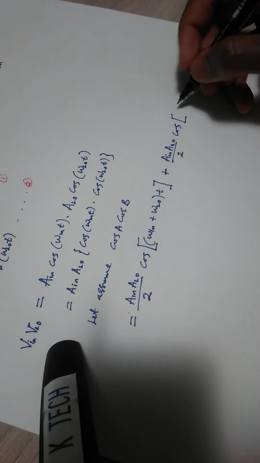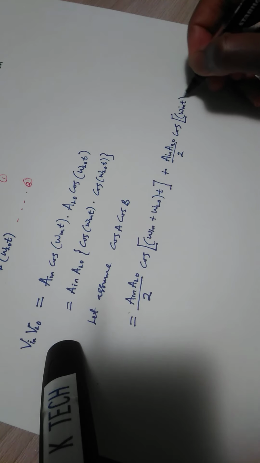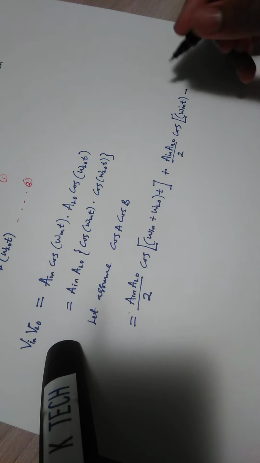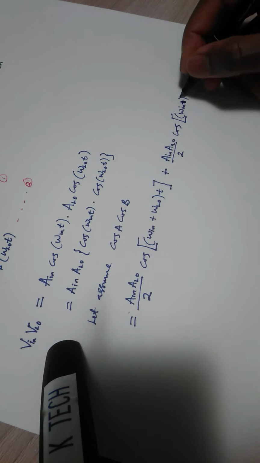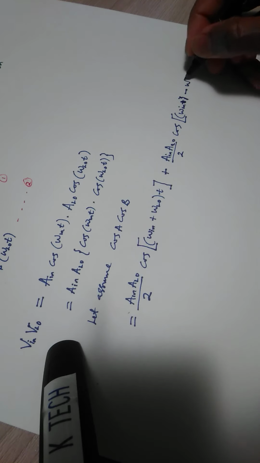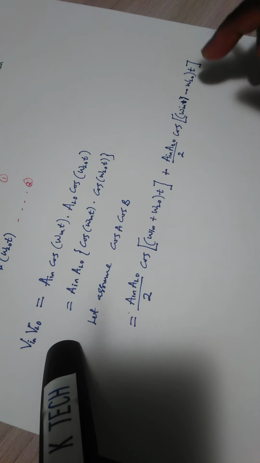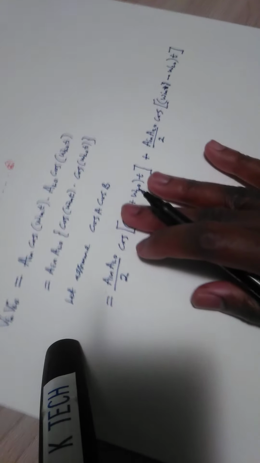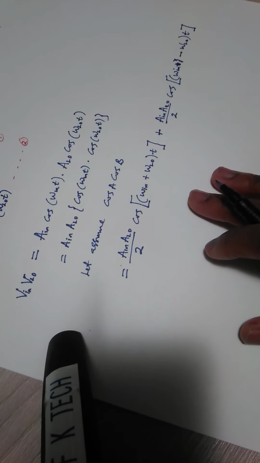Again we open a bracket ω_IN t minus, maybe rather we should write this t outside, better for us, minus ω_LO, and then here we have t outside. So we could rewrite this one so it is clear. Let's rewrite it so we can get it clearly.